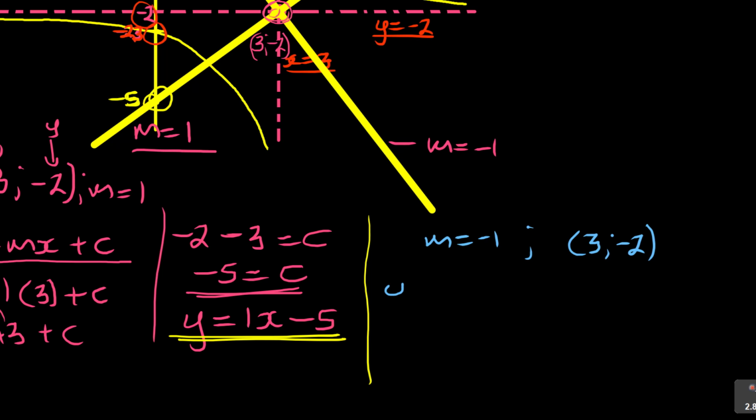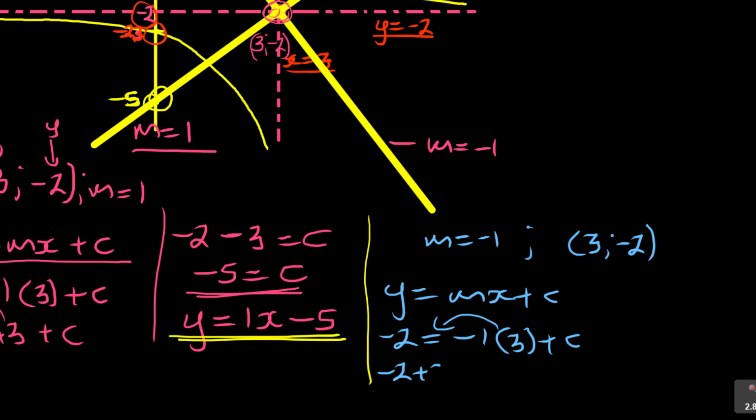So you're going to say y is equal to mx plus c. Negative 2 is equal to m, which is negative 1, x is 3 plus c. Now minus going there becomes positive. Minus 2 plus 3 was equal to c. So c was going to be 1.